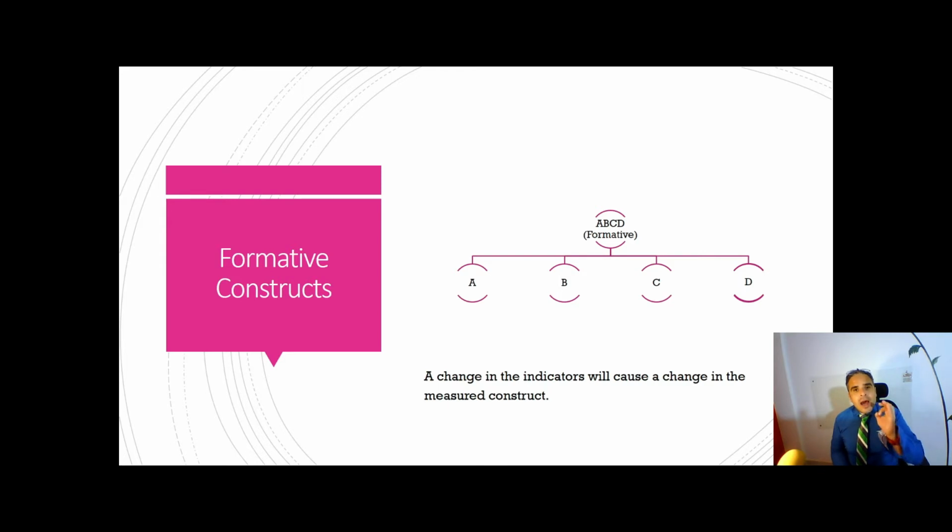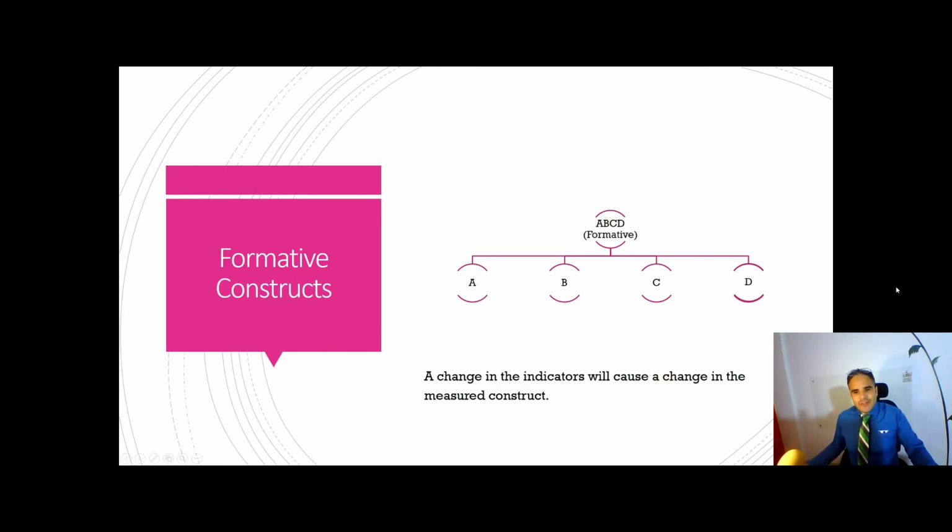What I measured in my study is just 17. But if I measured 16, that would be fine. I can do it on 10 or I can do it on 30. It doesn't matter in the case of reflective models because your indicators are caused by the construct.